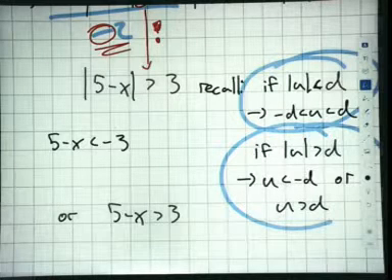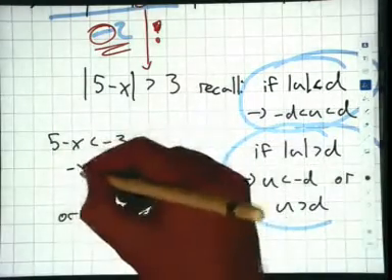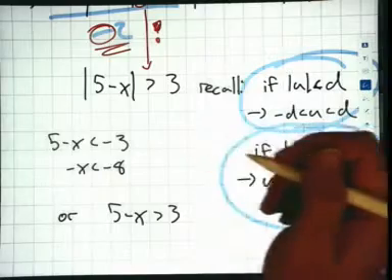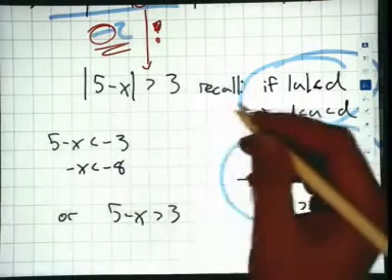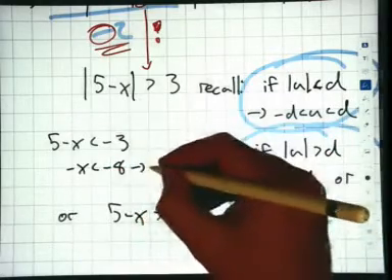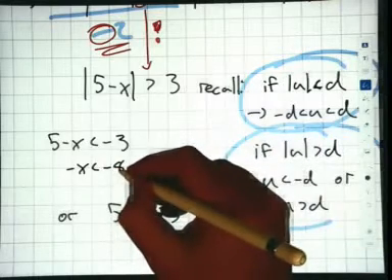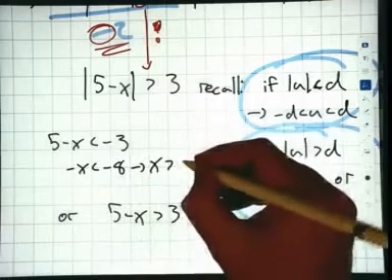Alright, so let's go forth and solve these. First of all, we're going to subtract 5 on both sides. Now, I don't want to know what negative x is, I want to know what positive x is. So what are we going to do? We're going to divide both sides by negative 1. But that's going to change not only this 8 to a positive 8, but it's also going to change the direction of this inequality.